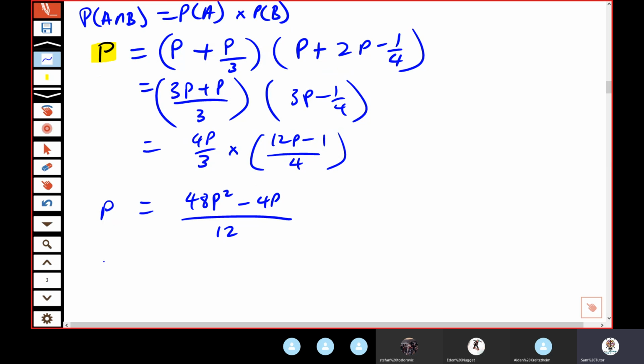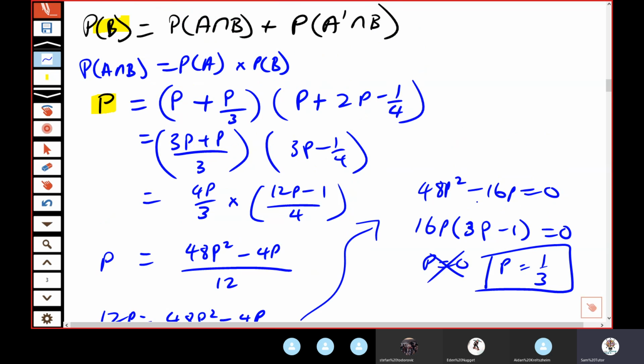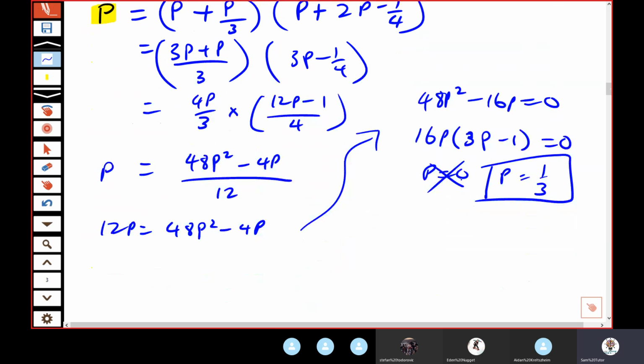Multiply your 12 over. Minus 16p. Factorize your 16p out. You're left with 3p minus 1. So p equals 0, which you don't want. p equals a third is the one you want.